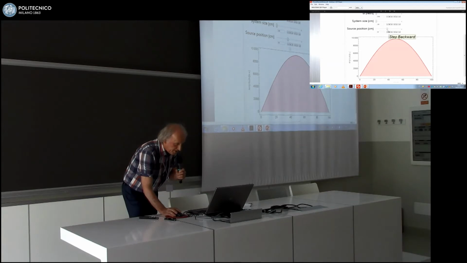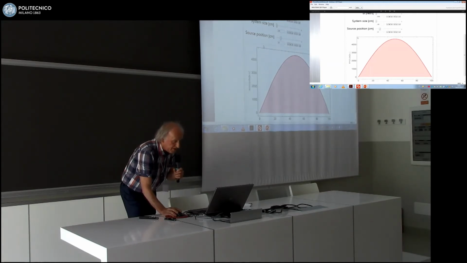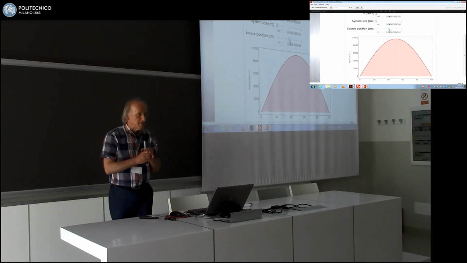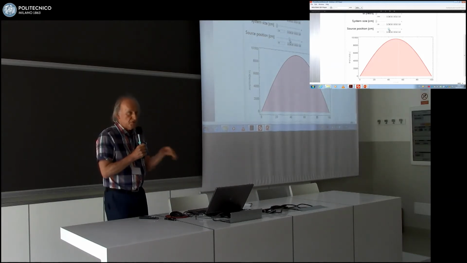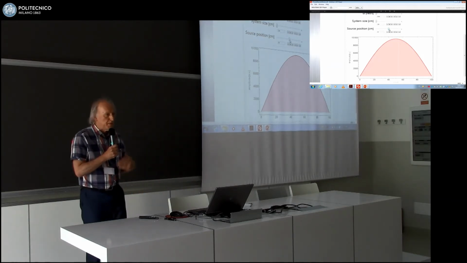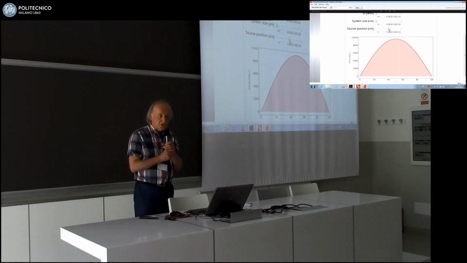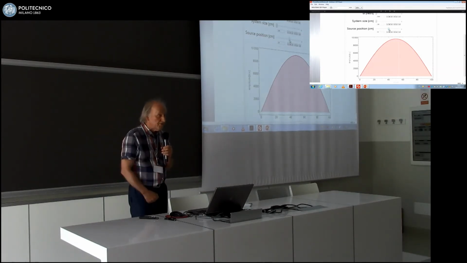I'm now manipulating the position of the perturbation here by sliding, and of course then the amplitude will change, but the shape doesn't change, which means that if we have detectors in the reactor at a few places, the response or the ratio of the detector signals will be completely insensitive to the position of the perturbation. So we cannot locate anything.